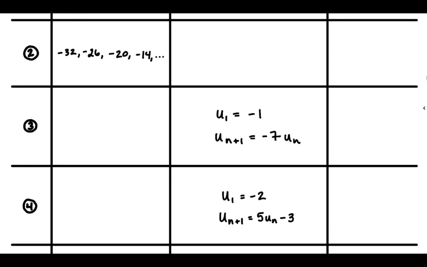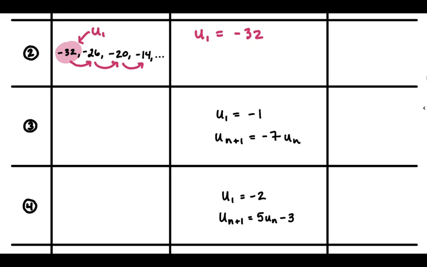Next one, again, we need our start value. So we just look at what is the first term in the sequence, and that's our u sub 1. So u sub 1 is negative 32. Now we want to know how we get the next term. So how do we go from negative 32 to negative 26 to negative 20 to negative 14?